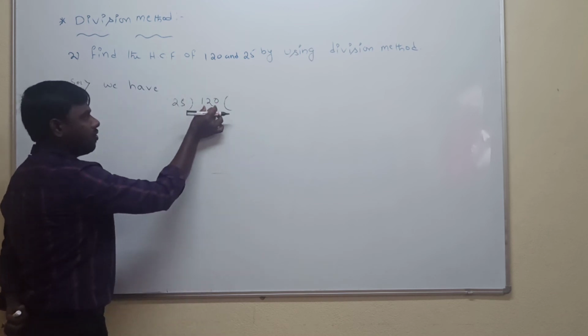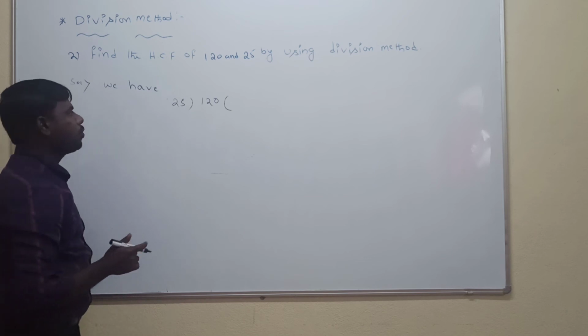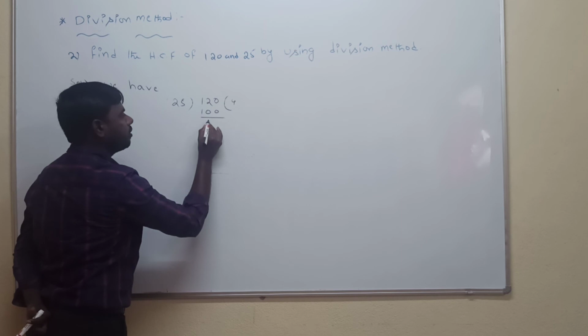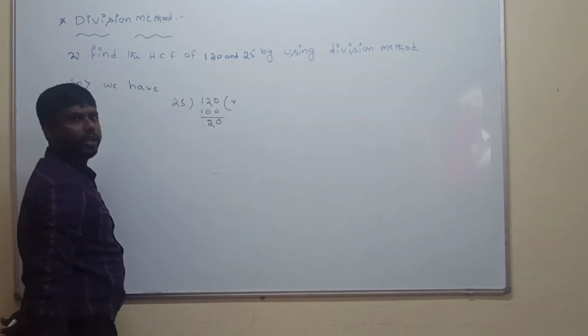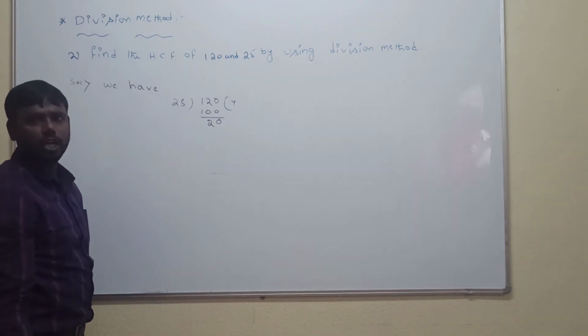So now 25 4s are 100. Then 120 minus 100 is 20. Here the remainder is 20, not getting 0.